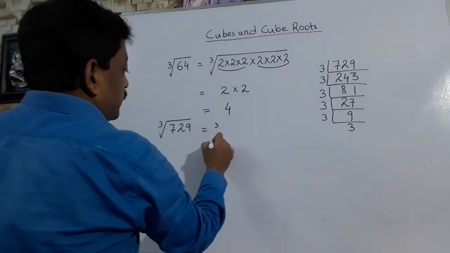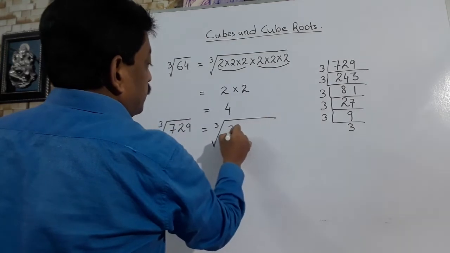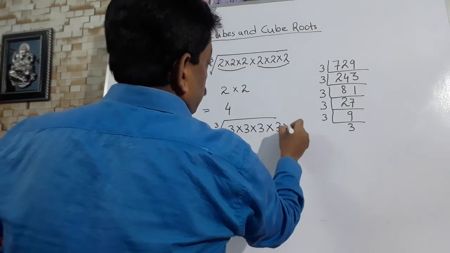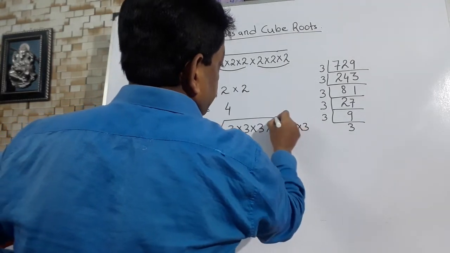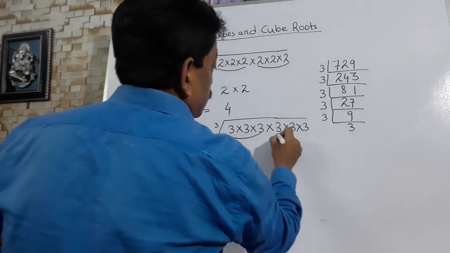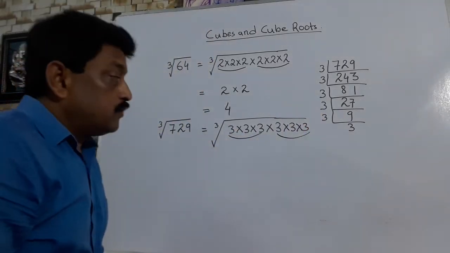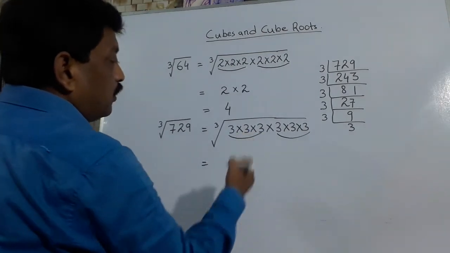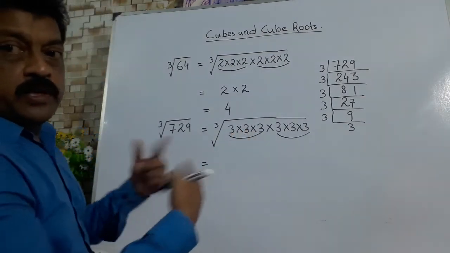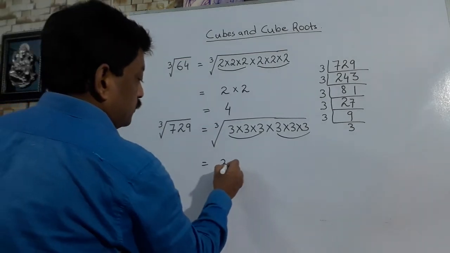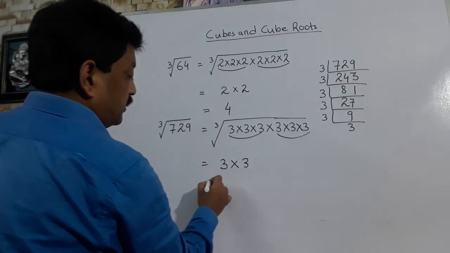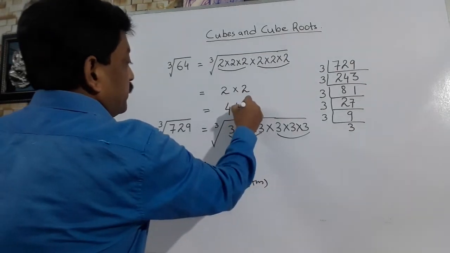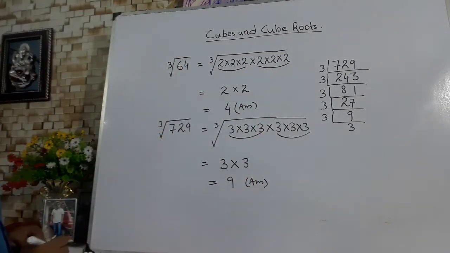So this can be written as cube root of 3 into 3 into 3 into 3 into 3 into 3. Here also we are getting two triplets of equal product, that is 3. So according to the rule, one member from each triplet will come out. So this will be 3 multiplied by 3, that is 9. So 9 is the cube root of 729.